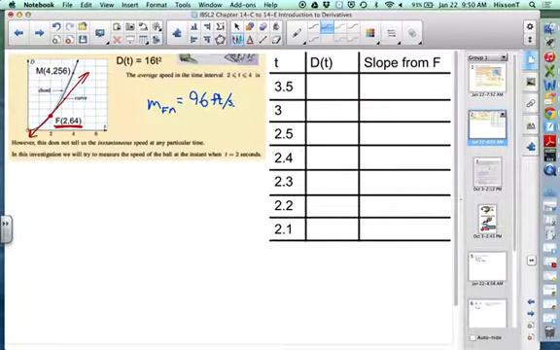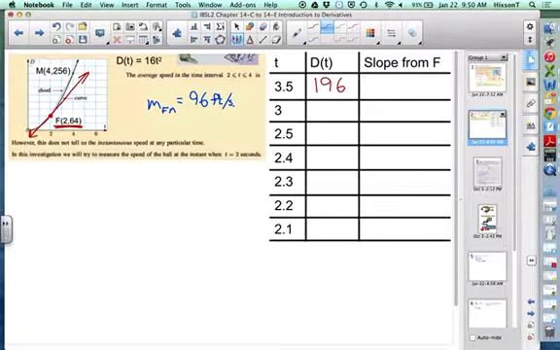I have to remind myself how to do it. Alrighty, let's take a look at these. What's d of t when t is 3.5? 196.